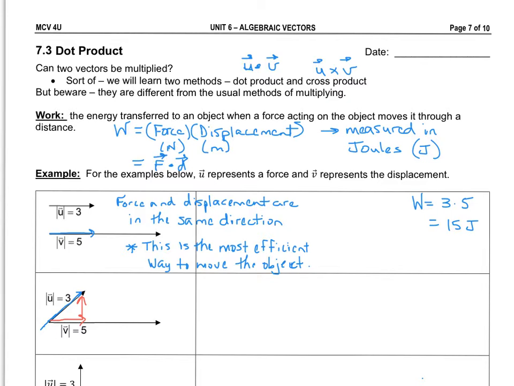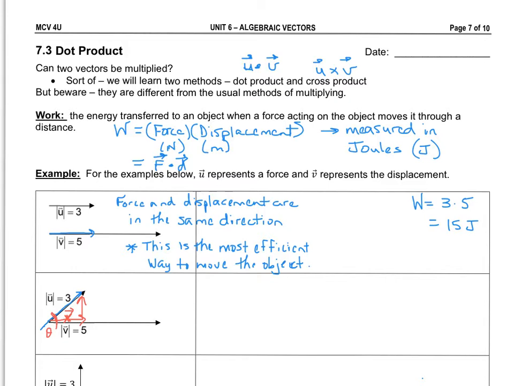So this isn't quite as efficient as the previous example. We need to take into consideration that the actual, I'm going to call this x, the actual horizontal force that's moving that object would have to be calculated in relation to the angle theta, the angle that those two vectors originally are making with one another here.